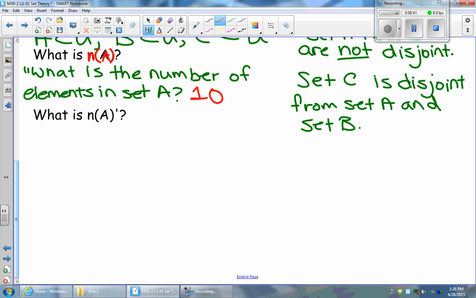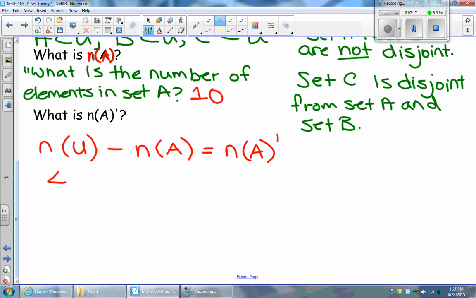Now remember that the complement of A is everything that is not in the set A. So any elements within the universal set that are not in the set A. So what you want to do is take the number of elements in the universal set and subtract the number of elements that are in A, and that will leave you with the number of elements that exist once the elements of A are removed.